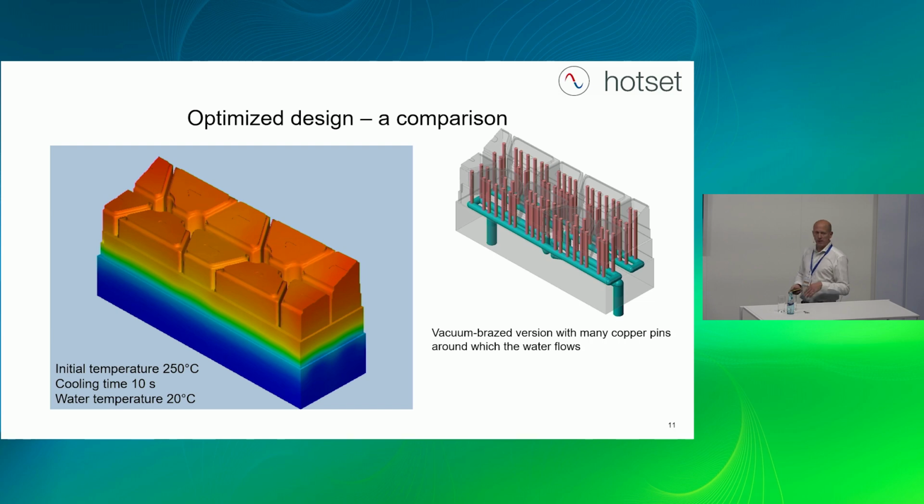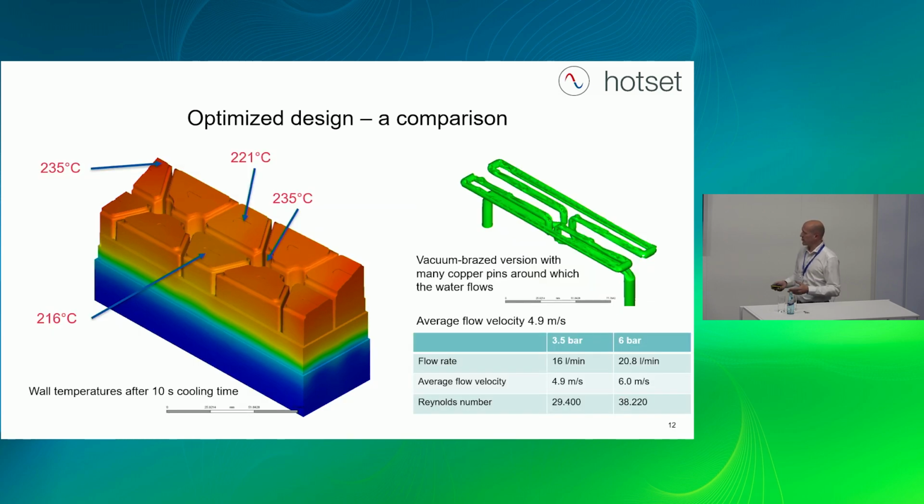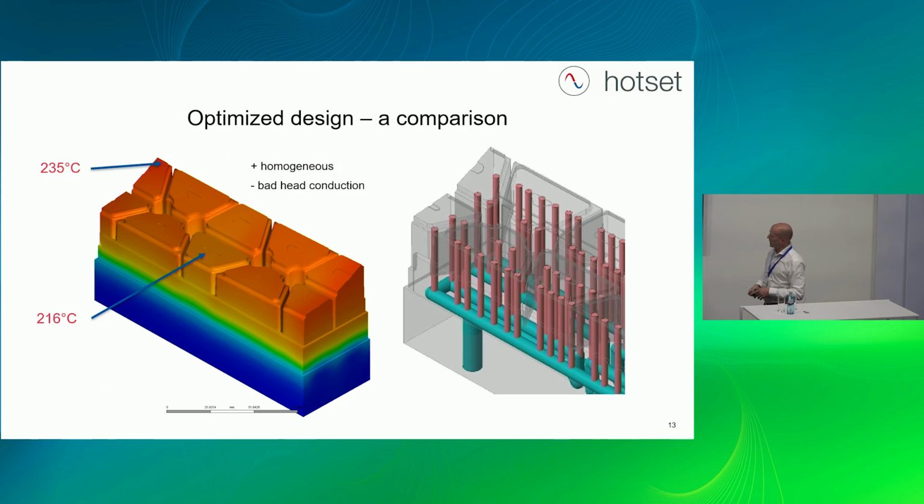It looks very homogeneous. The temperatures we receive here are not as cold as in the insert before. We receive 235 degrees at maximum and about 216 degrees at minimum. In my opinion, it is a good result, but we need more time, because the delta T here is lower than in the example before.